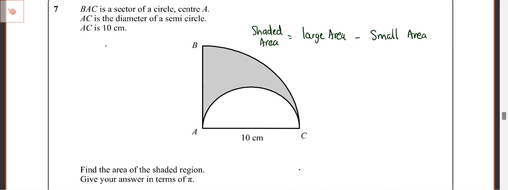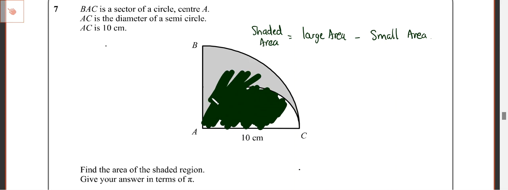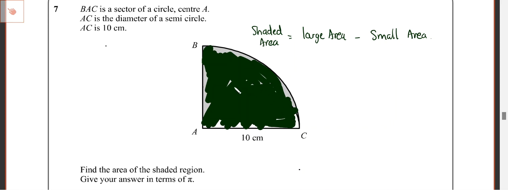So if I were to just, for instance, shade in kind of the whole thing, yeah? If I work out the large area, I basically work out all of that, yeah? That's the large area. All right?